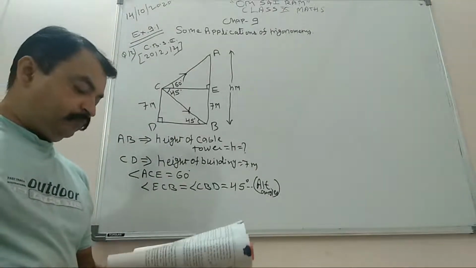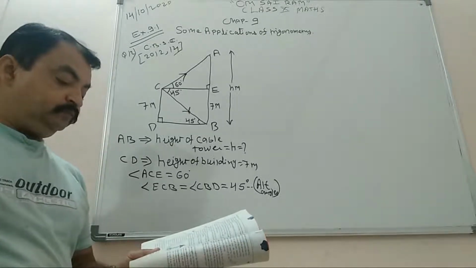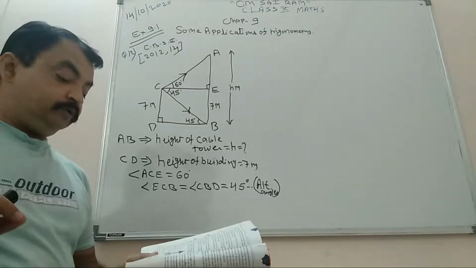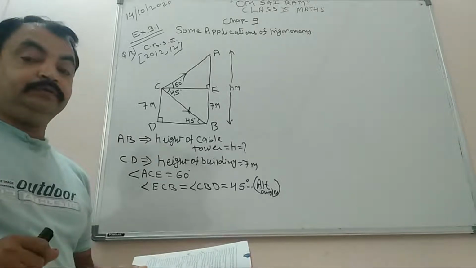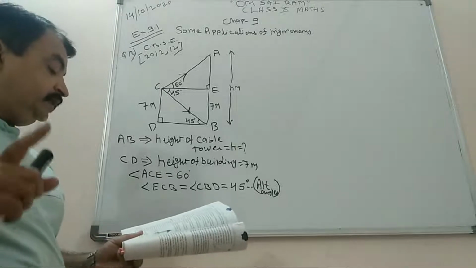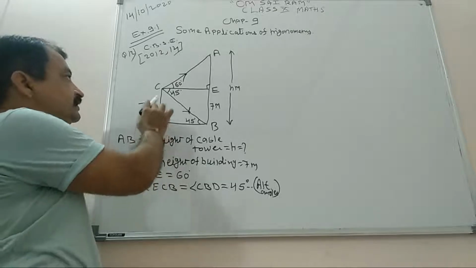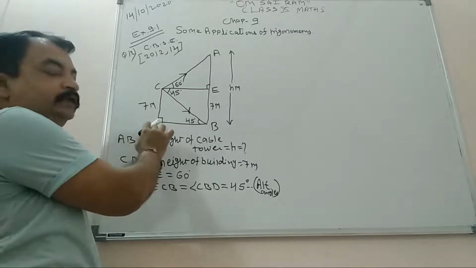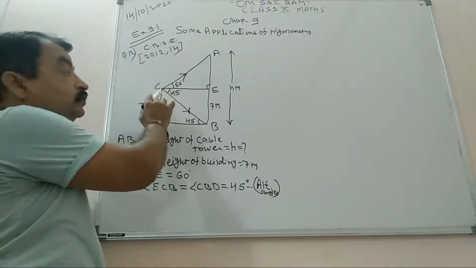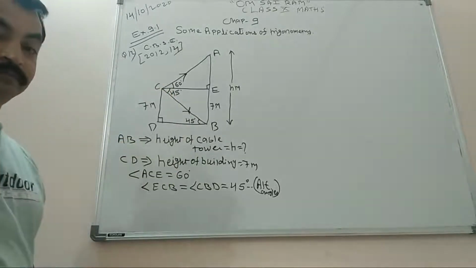It is given: from the top of the 7-meter high building, the angle of elevation of the top of the cable tower is 60 degrees. I repeat the question: from the top of the 7-meter high building, I have shown CD as a building, right? 7-meter height, top is at point C, so the observation point is at point C, the top of the building.